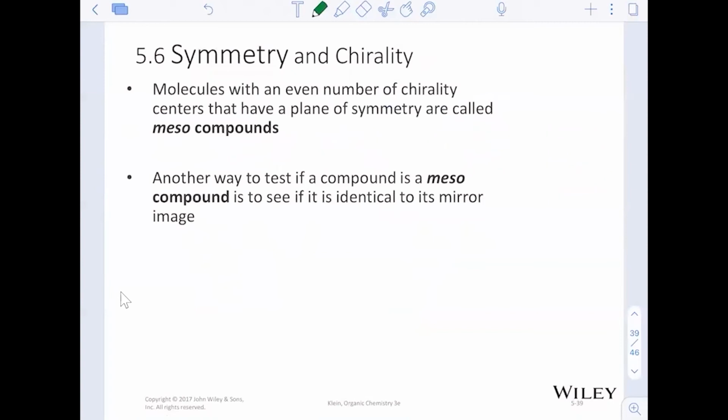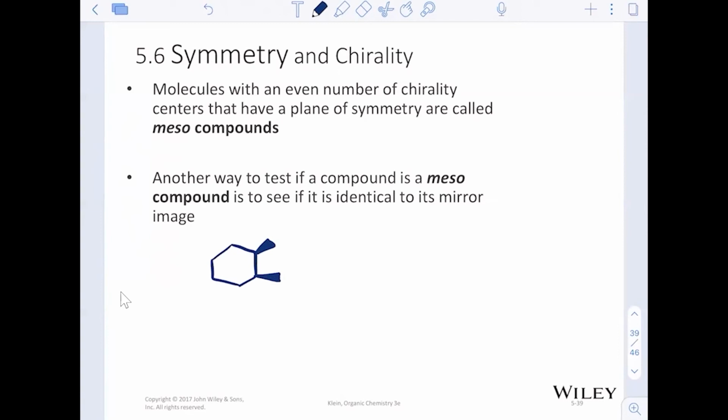Molecules with an even number of chiral centers that have a plane of symmetry are called meso compounds. Another way to test if it's a meso compound is to see if it's identical to its mirror image. So let's bring up that cis 1,2 dimethyl again. We said it had a plane of symmetry, and there are an even number of chiral centers.